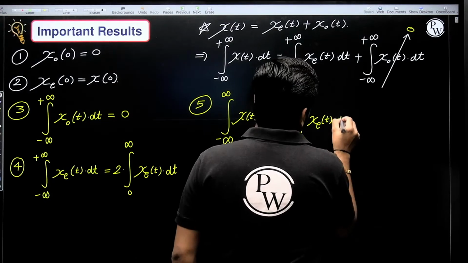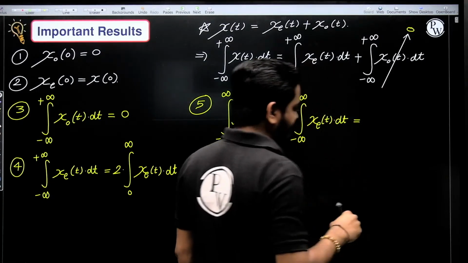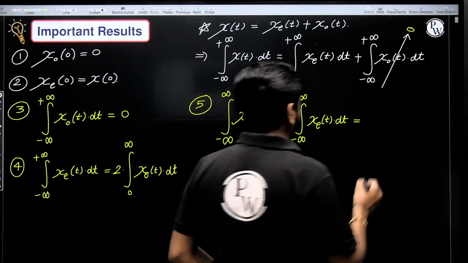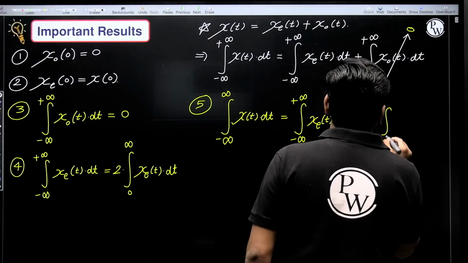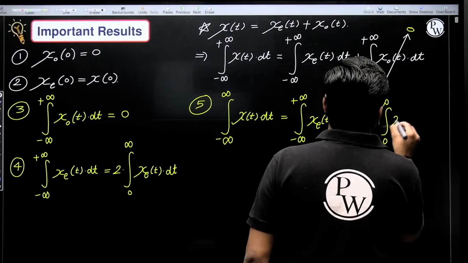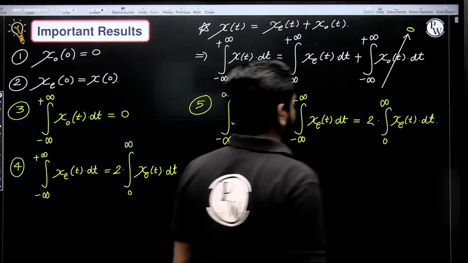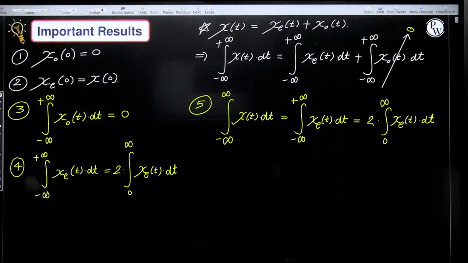They can ask in a multiple select question, out of 4 statements, how many statements are true. So again, 2 times the integral from 0 to infinity. This is very much important. Clear? This is result number 5.